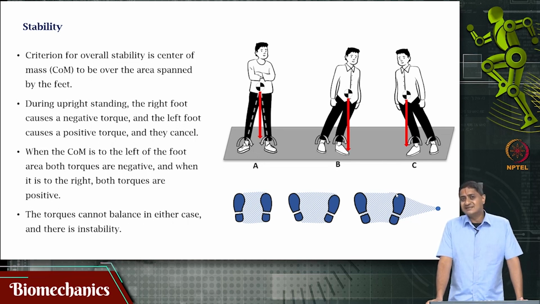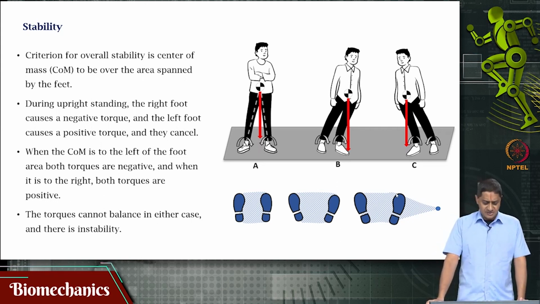How is this stability related to balance itself, or the sense of balance, or maintenance of balance? These are not necessarily the same topic. Mechanical stability is what we are discussing. It does relate to balance, but it is not a synonym for balance. So, these are different.